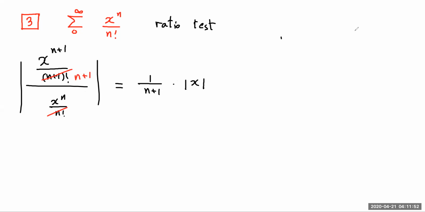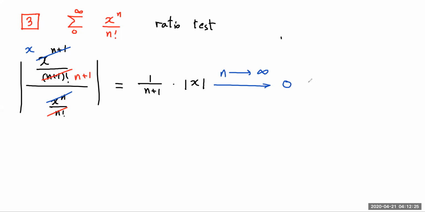And after deleting this term with this term, I have x with absolute value; n is positive, n plus 1 positive, x could be negative. So what is the limit of this term when n goes to infinity? X is a constant number, any number, variable, but it's a constant. So number times 0, so 1 over infinity, it's 0. So the answer is 0.